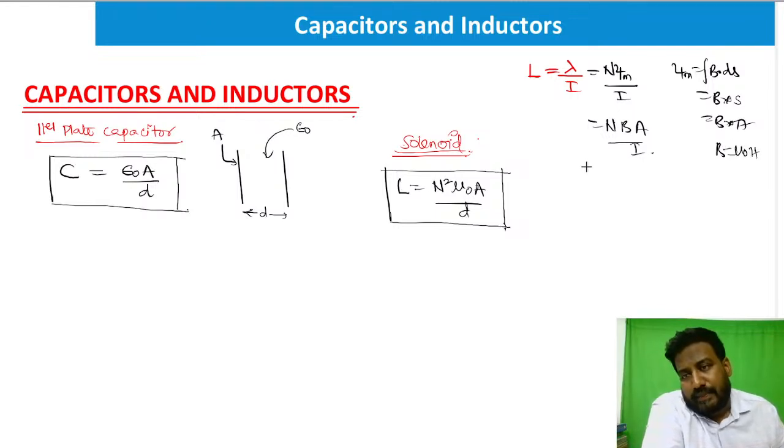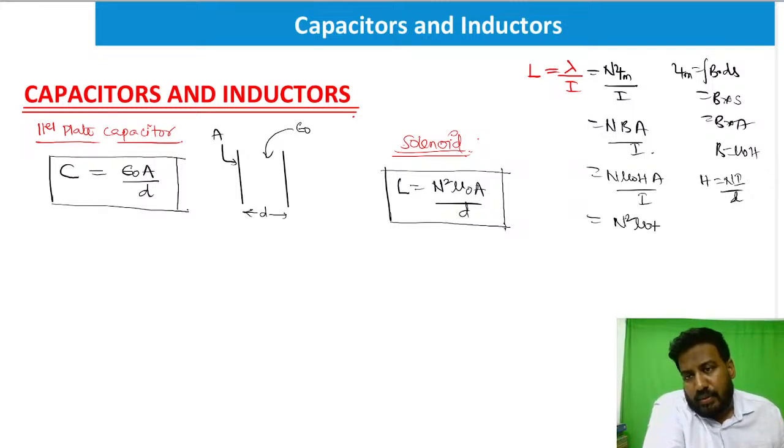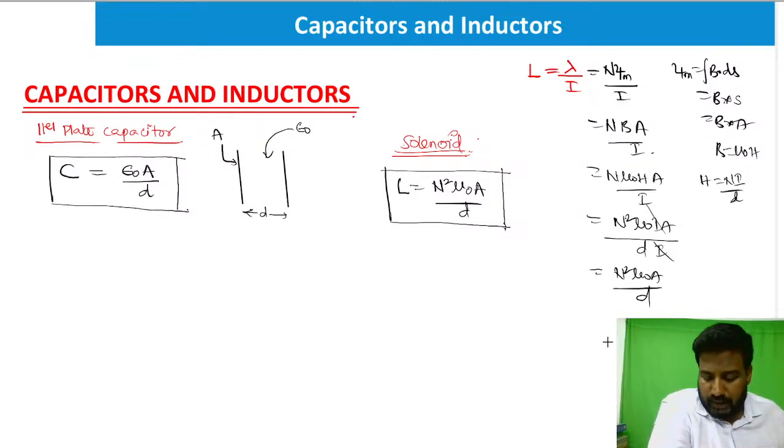Mu naught H. Substituting, N mu naught HA by I. What is H for a solenoid? NI by L, or NI by D. Substituting, N into N, N square, mu naught, A by D, and I and I cancel. So the inductance formula becomes N square mu naught A by D. From there you got this formula. Is it clear?